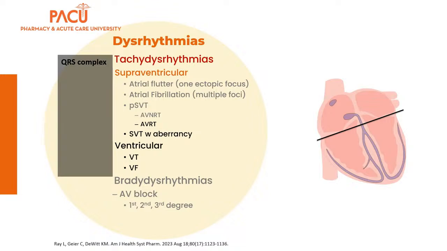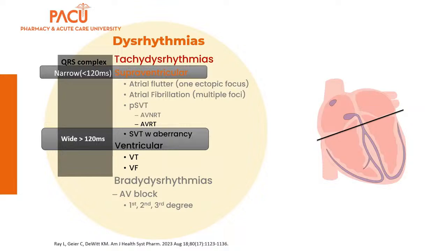Then within tachydysrhythmias, which most arrhythmias are, we further divide these based on another objective finding, the QRS, which we have on the EKG, the 12-lead EKG. We ask, are these wide or narrow? Wide QRS tells us that there's some delay in the ventricle because the QRS is slowing ventricular conduction.